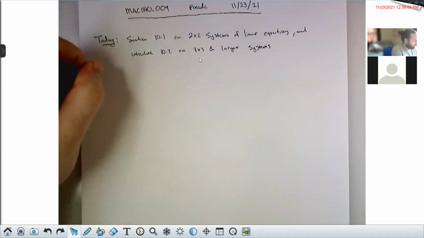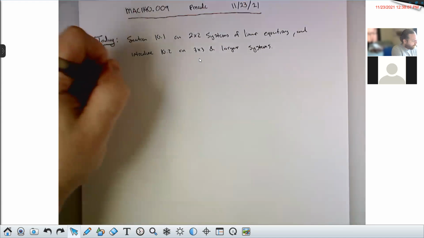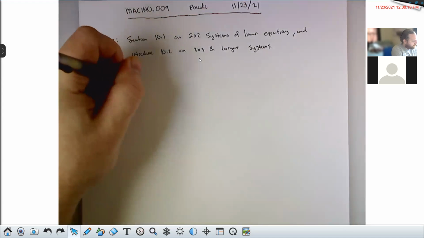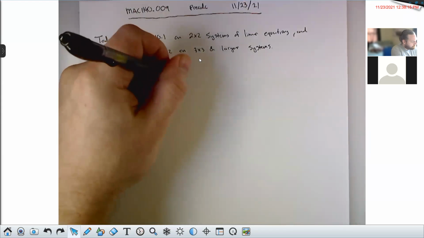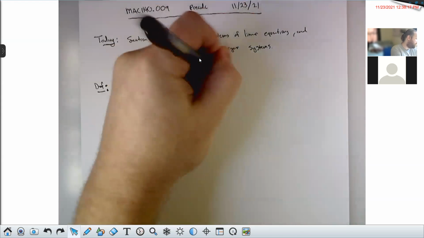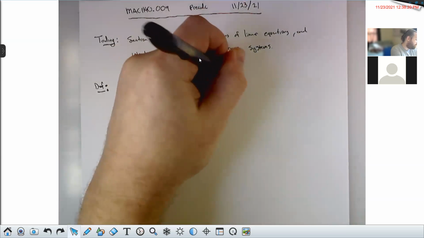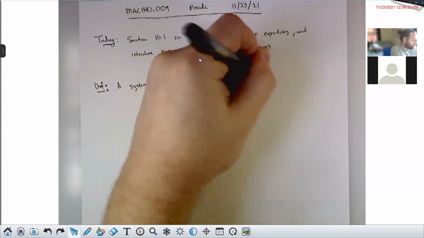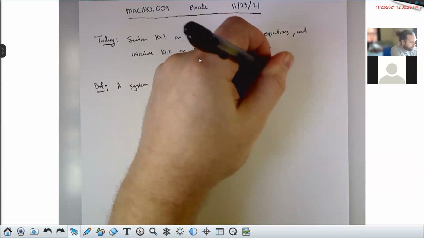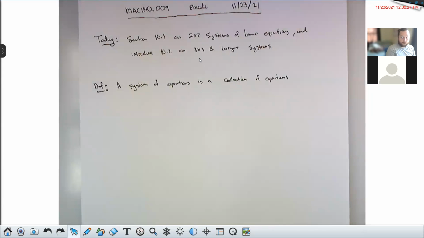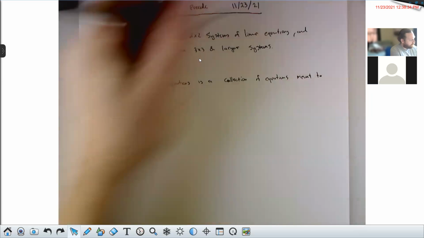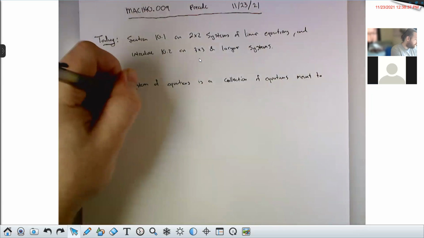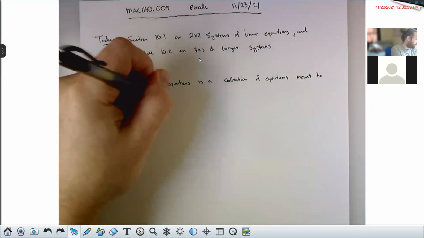There's only one place to begin here, and it's with a definition. A system of equations is a collection of equations. Now, it could have multiple variables in it, multiple equations, each one with multiple variables, meant to be solved simultaneously.